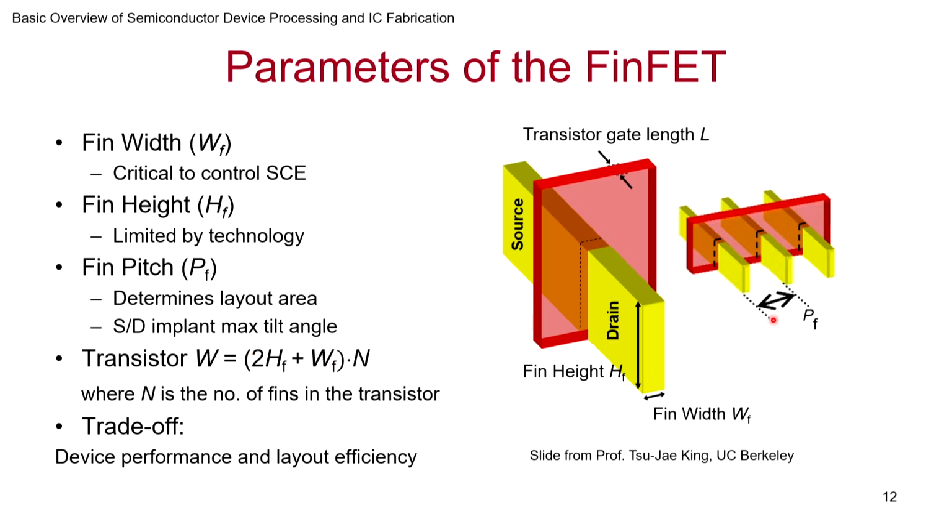And if you have n parallel fins in a particular transistor, as is shown, remember this is a common gate that is touching all of this, and similarly you will also eventually make the source and the drain linked to each other. You can do that. So W will be (2H plus W) times N. This is the W for a transistor where the number of fins is N.